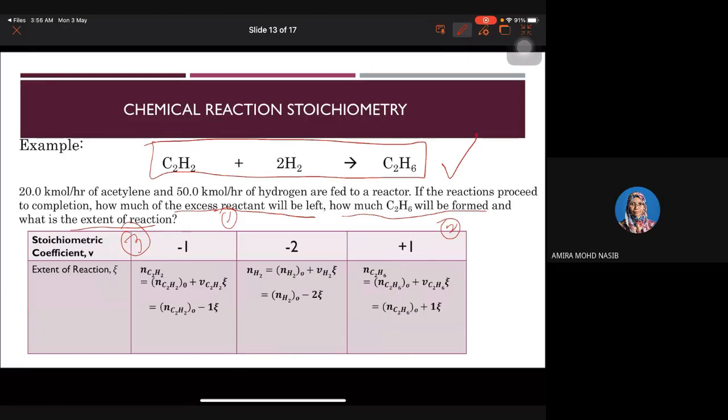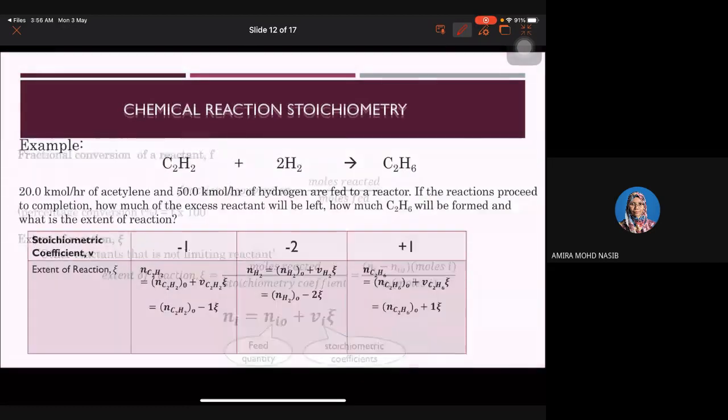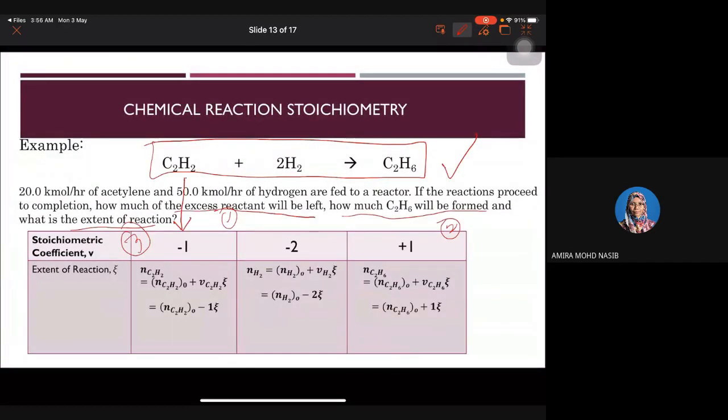The stoichiometric coefficient for C2H2 is -1. Why negative? Because it's a reactant. It's going to be used. The stoichiometric coefficient for hydrogen is -2, negative because it's a reactant. And the stoichiometric coefficient for C2H6 is positive 1, because the coefficient here is 1.